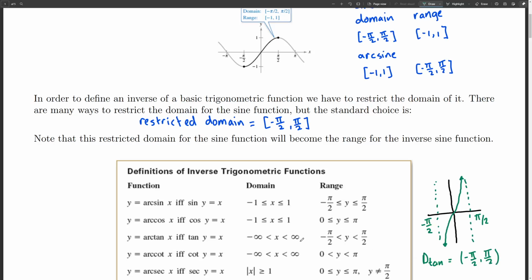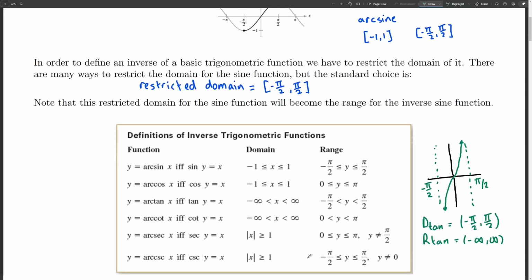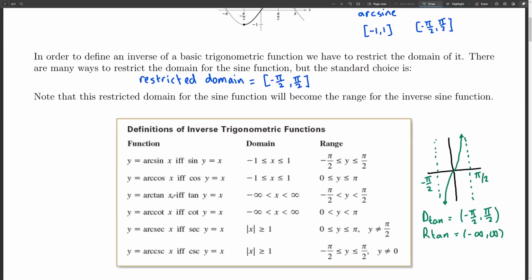That turns into the range of the arctan. And because the range of the tangent is all real numbers, because it blows up, the range of the tangent is negative infinity to infinity, and therefore the domain of the arctangent is all real numbers. And you can do similar things for all the other basic trigonometric functions.